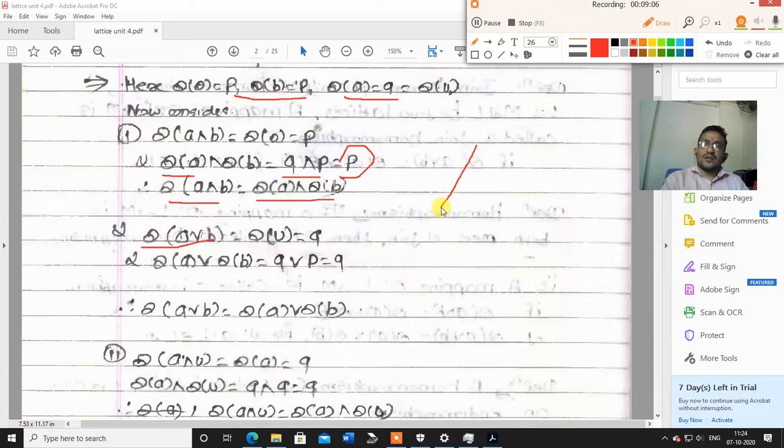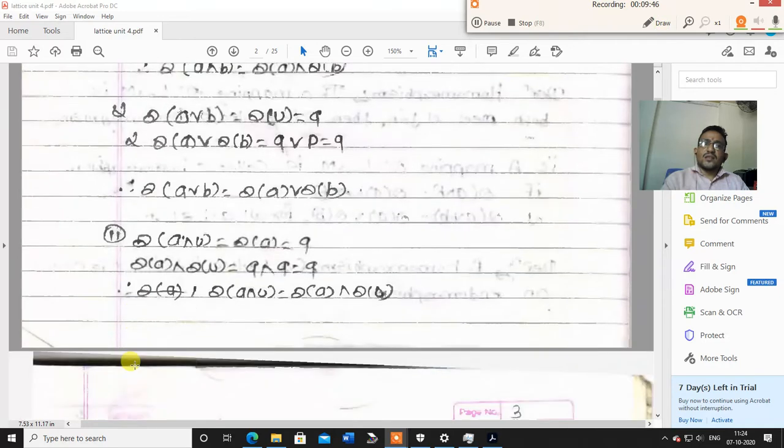Here this is 0, this is A, this is B, and this is U. A join B is U, therefore theta of A join B is equal to theta of U, which is Q. Similarly, theta of A join theta of B: theta of A is Q and theta of B is P, so P join Q is nothing but Q. Therefore theta of A join B is equal to theta of A join theta of B. Okay, that was the first case. Then we take another, second case.